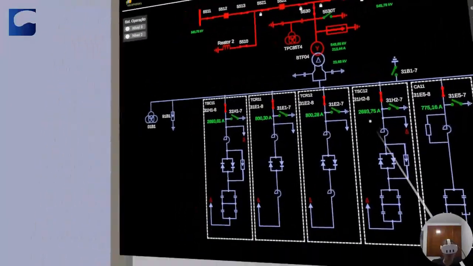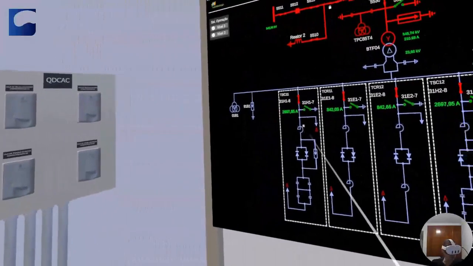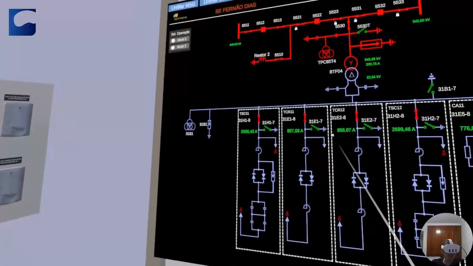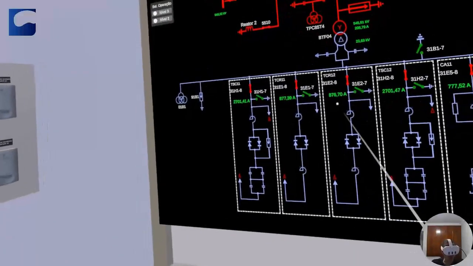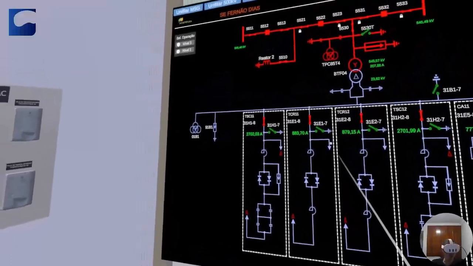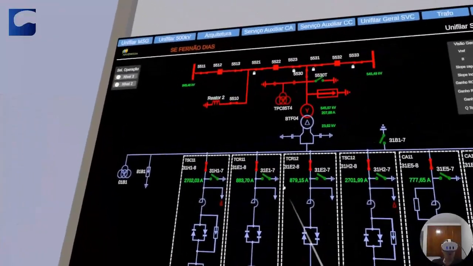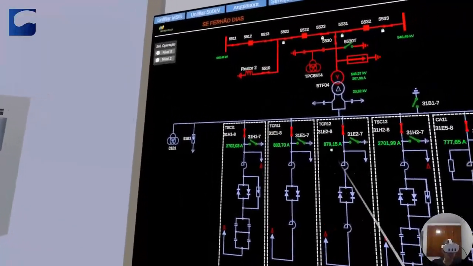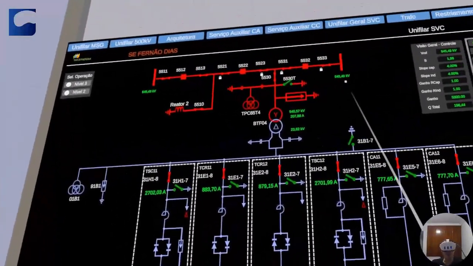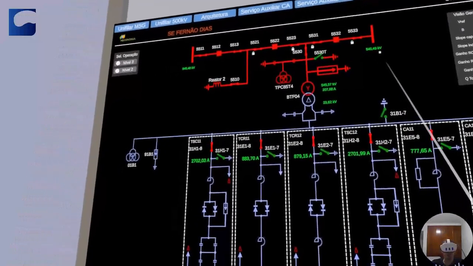Now it's switched on this capacitor, switched on another capacitor, and is now switching both reactors. What's being switched here, folks? The reactors through the firing of thyristors, and the delay of the current in these thyristors is the inductive reactive power that we need. So it reached and settled at 545 kilovolts, which is what I asked for.